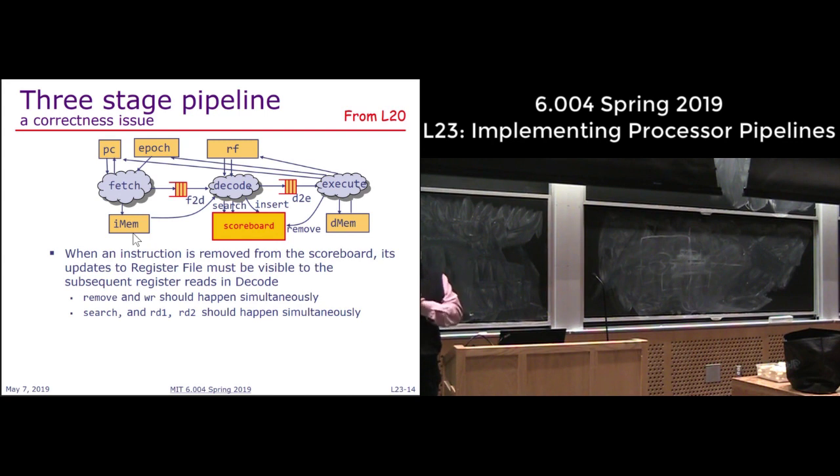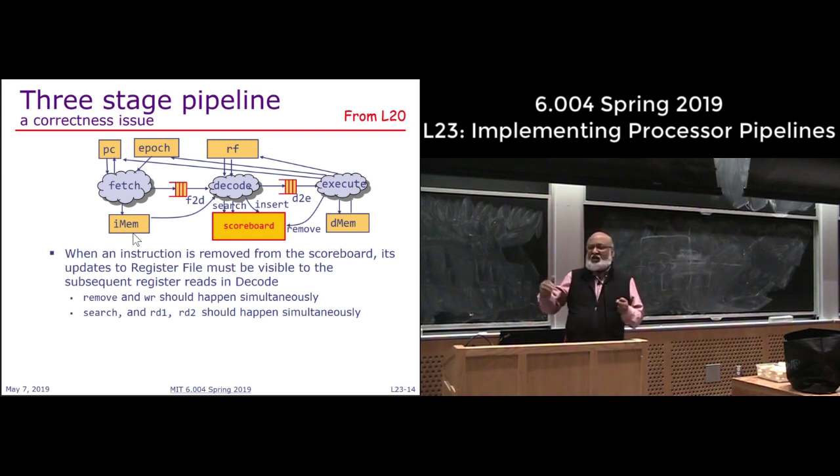You'll get wrong results. So these two actions, removing from the scoreboard and writing into the register file, have to be done together. Similarly, at dispatch time, I have to ask the question, is somebody else writing ahead of me? And at the same time, I go and read the value.